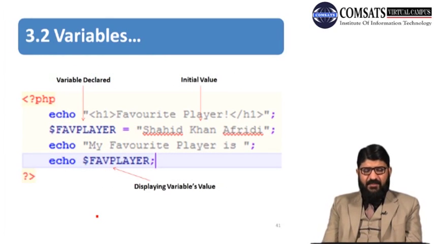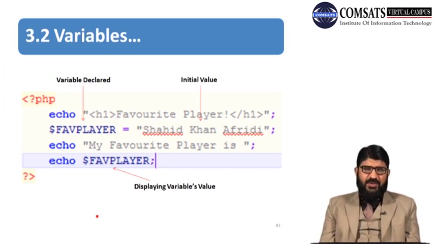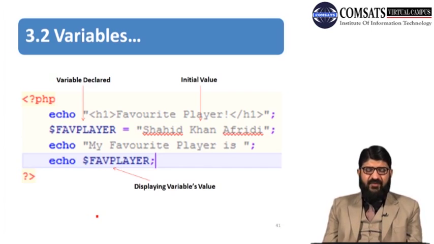So let's see how it is. The PHP start tag is mentioned, then the echo tag for heading 1, favorite player, is given, and then explicitly favorite player equals to. The $ sign is mentioned with it, and the cricketer Shahid Khan Afridi is assigned as the favorite player variable.